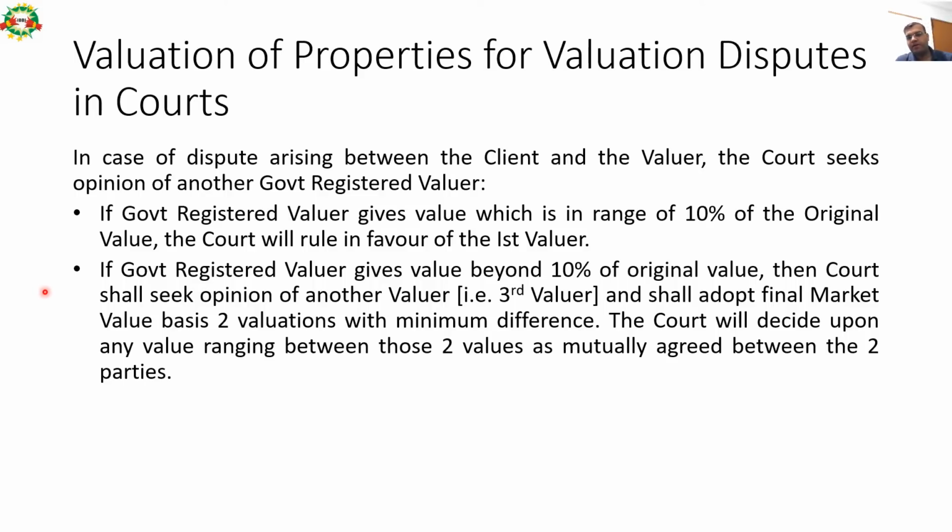However, if government registered valuer gives value beyond 10% of the original value, then court shall seek opinion of another valuer, that is third valuer. Then court will appoint another third valuer and shall adopt final market value basis two valuations with minimum difference. The court will decide upon any value ranging between those two values as mutually agreed between the two parties.